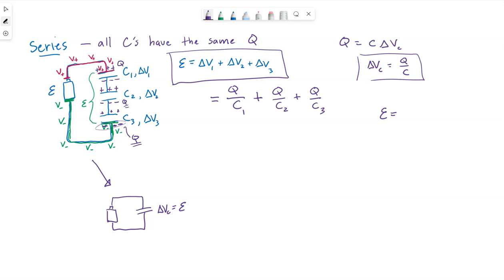So I can say the EMF of the battery would be the charge on this single capacitor divided by whatever its capacitance is. We call this an equivalent capacitance.